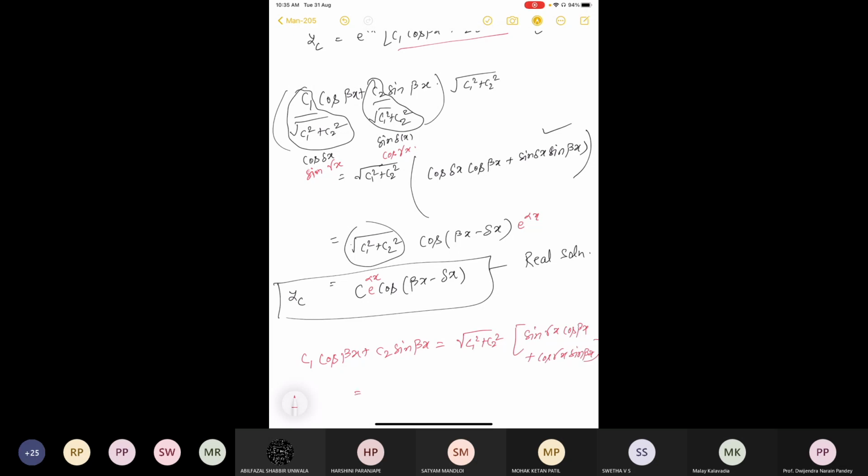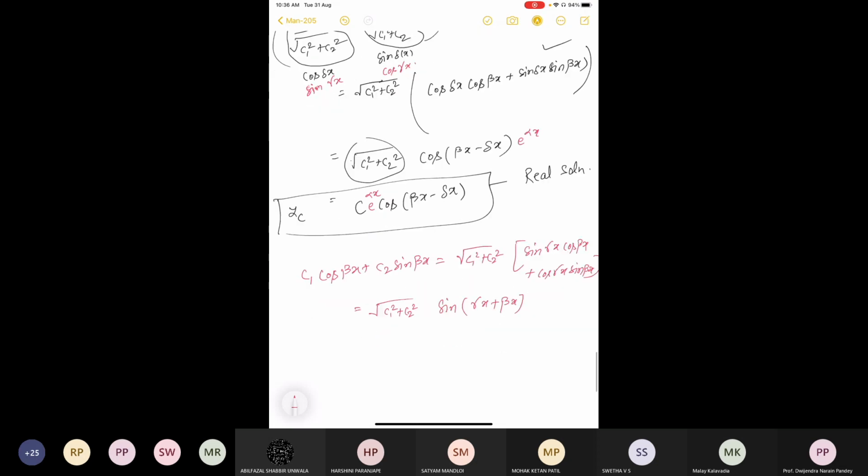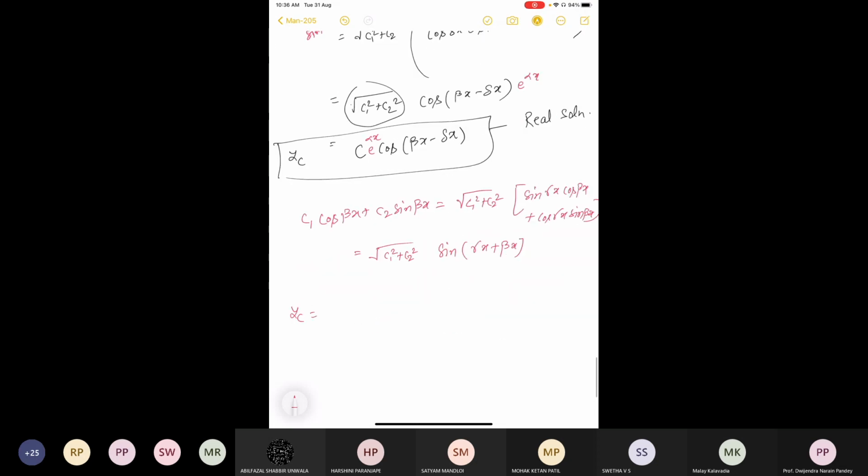And this is the sine A plus B formula, so sine of (gamma x plus beta x). Then you can write yc equal to, call this C, so C e to power alpha x sine of (gamma plus beta x).